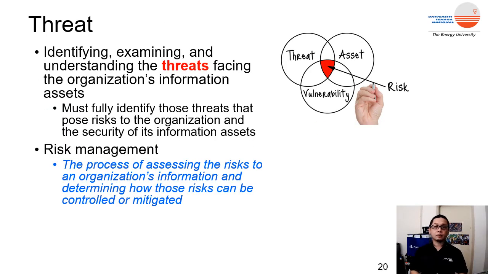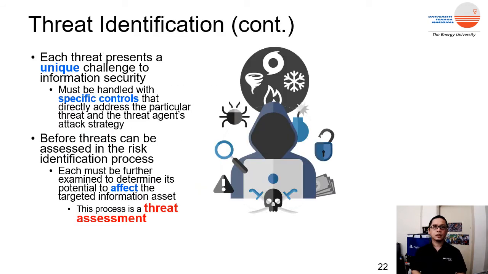The next step after properly identifying which assets you want to protect is, of course, identifying the related threats that would cause harm to the information assets that you deem worthy. This activity is called threat identification. Why is this activity very important?